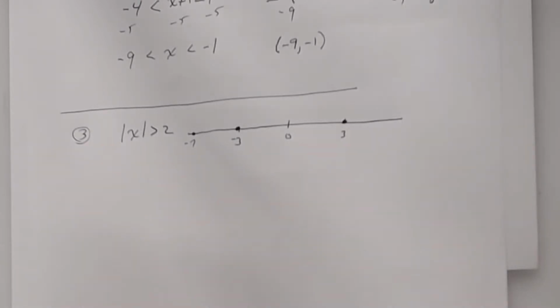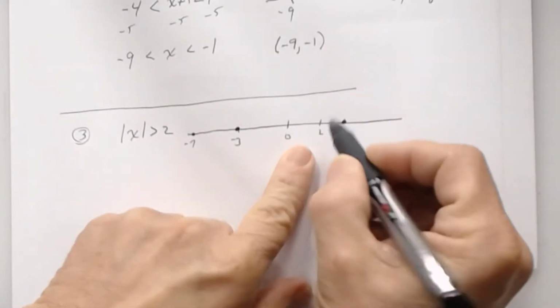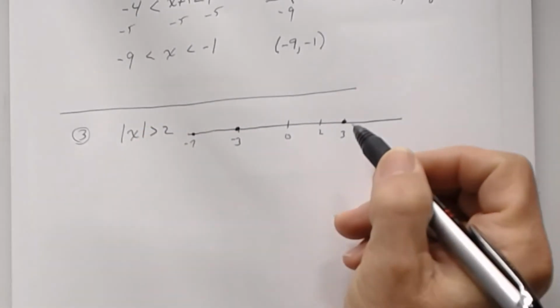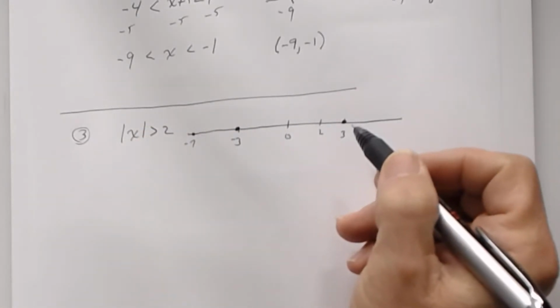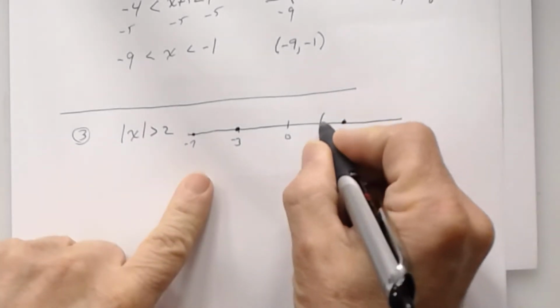Okay, he said, first of all, any real number greater than 2. Do you agree with that part? So in other words, if this is 2 right here, is this going to be parentheses or brackets? Parentheses, because there's no equal sign. So he said this. Is that a true statement?